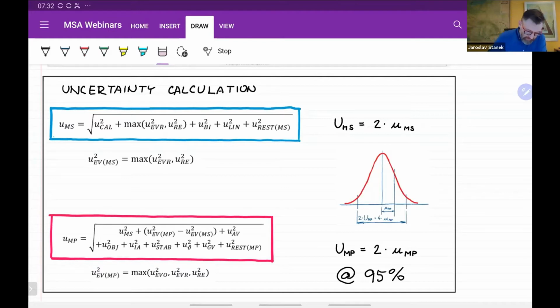So that's the reason why there is this little trick in both of these formulas, that the equipment variation is taken in the measurement system as the maximum of repeatability on reference or resolution.